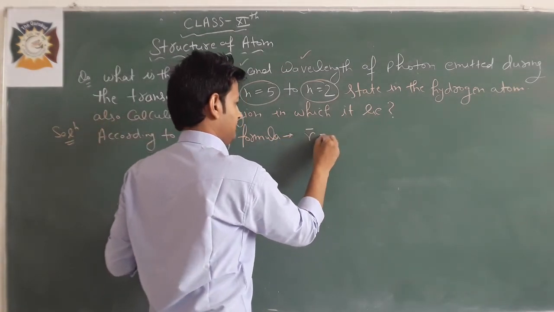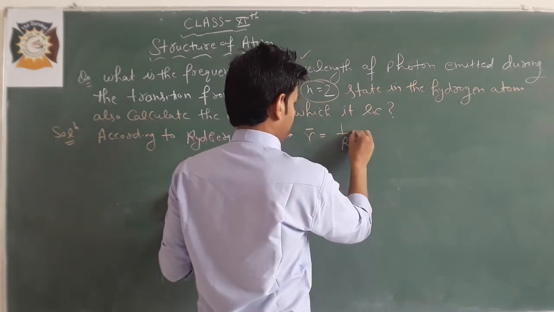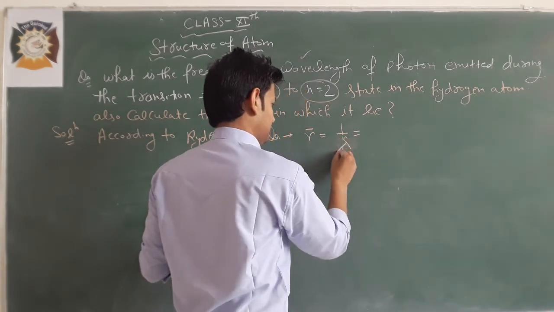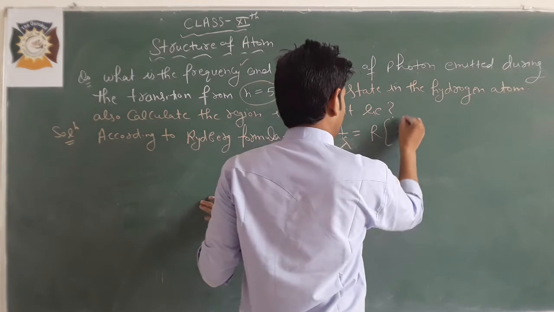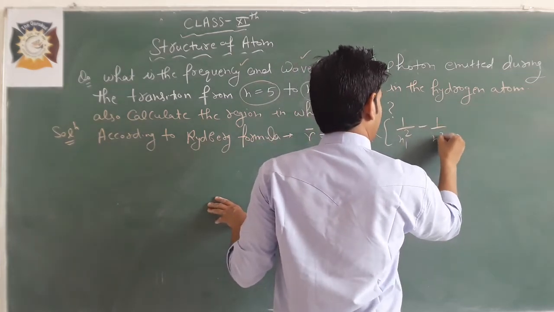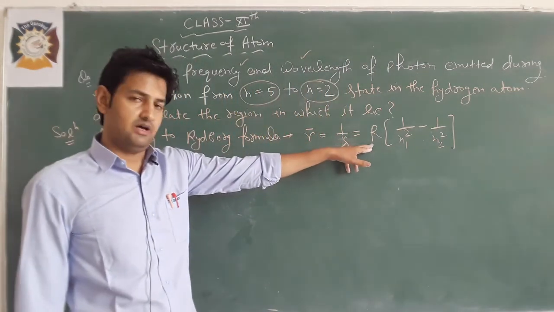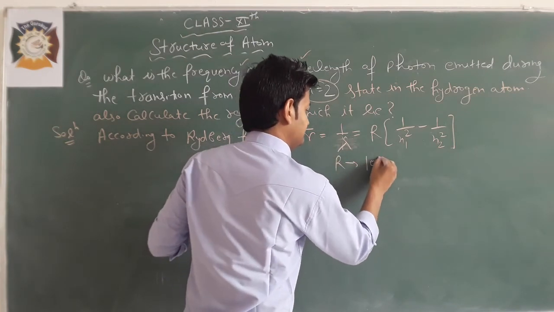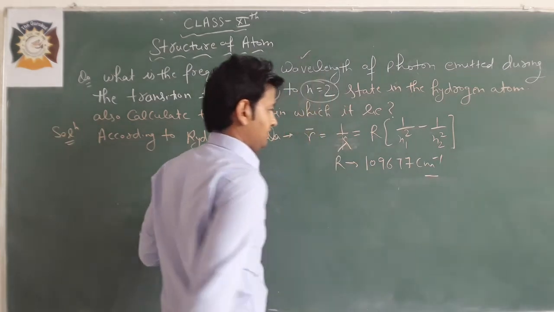wave number is equal to 1 over lambda. 1 over lambda is equal to R into 1 over n1 square minus 1 over n2 square, where R is the Rydberg constant and its value is 109677 centimeter inverse.